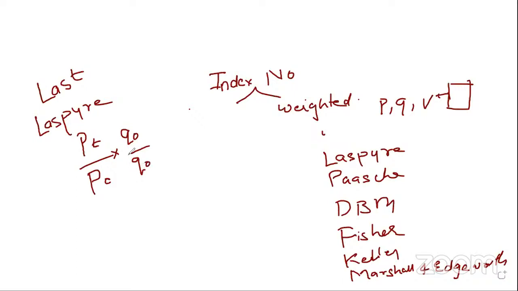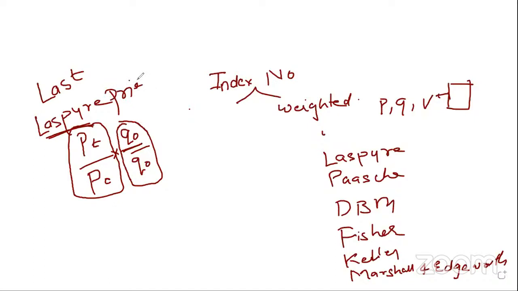This is your weight. What is the weight? The weight is base year quantity. Since you are using base year quantity, we call it the Laspeyres price index.